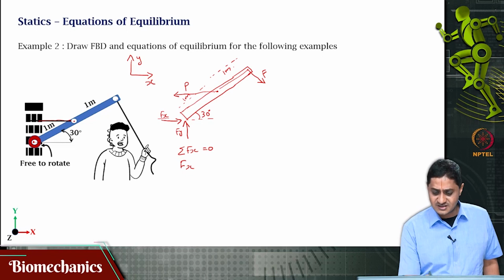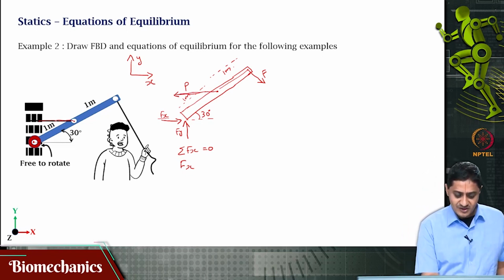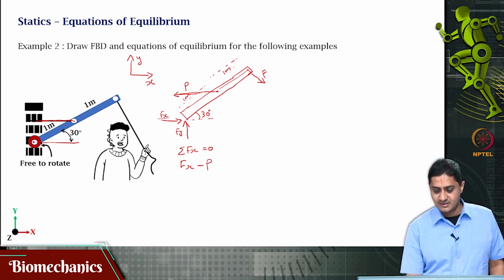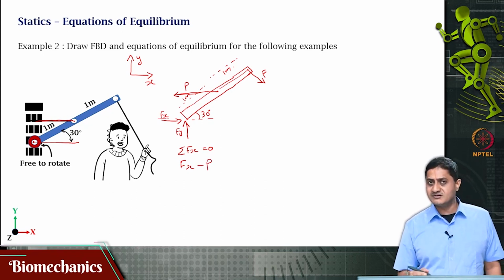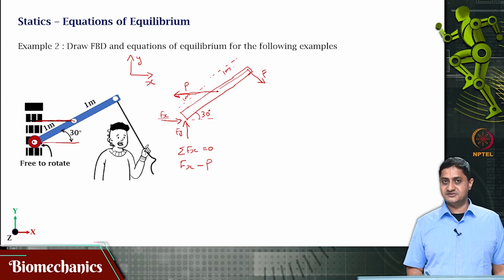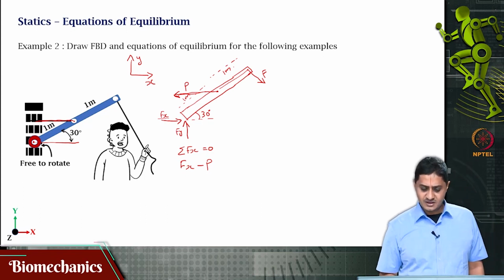The answer is yes, because this rope is applying the force parallel to the x axis here. So, I can straight away write this as negative P. Why is it minus P? Because it is acting in the negative x direction.